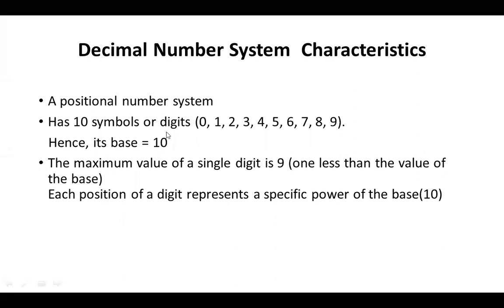Base is 10, so the maximum value of a digit is 9. Say you take binary. Base is 2, so 1 less than 2 will be 1. If we take octal, base is 8, the digit value will be 1 less, so the maximum value will be 7.